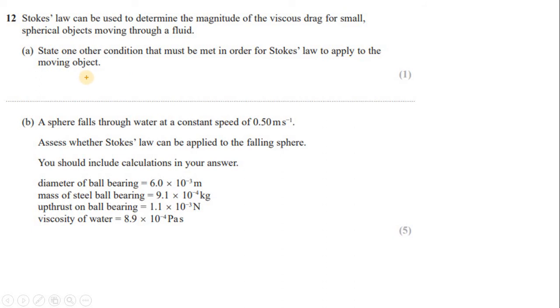There are three main conditions for Stokes law. One is the sphere should be small. The second is it should move with low speed, slow speed, or the fluid flow should be laminar.